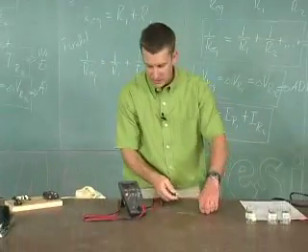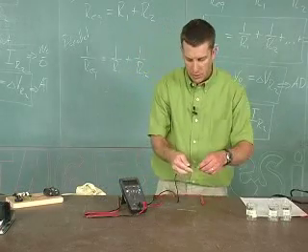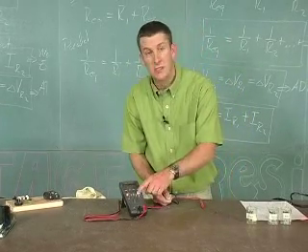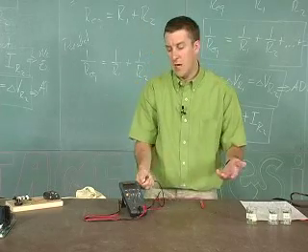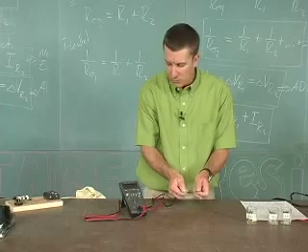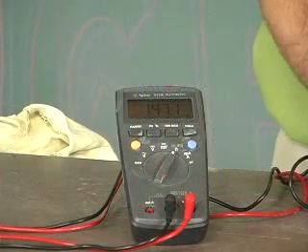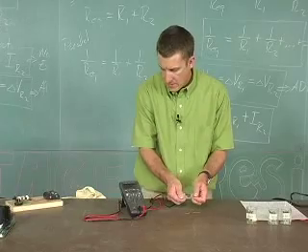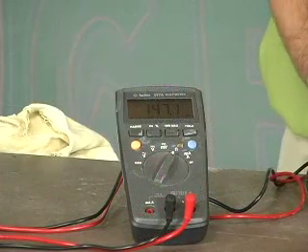Let's see if that gives us that value on the multimeter. Now, when the multimeter is set to measure resistance or ohms, we call it an ohm meter because that's its function at this point. So we can see that we've got 147 ohms and 147 ohms.